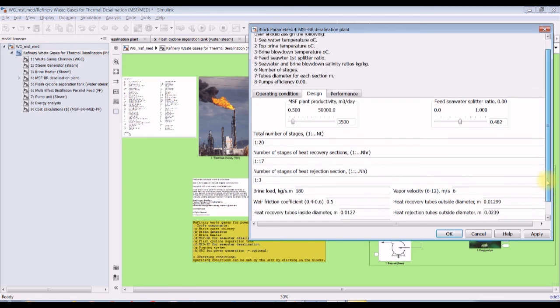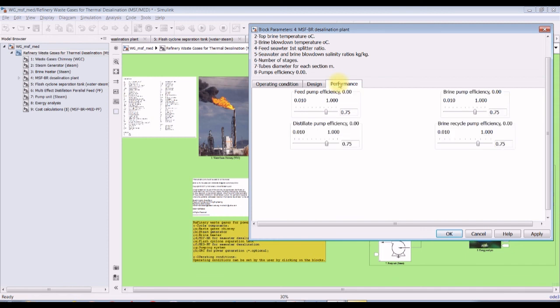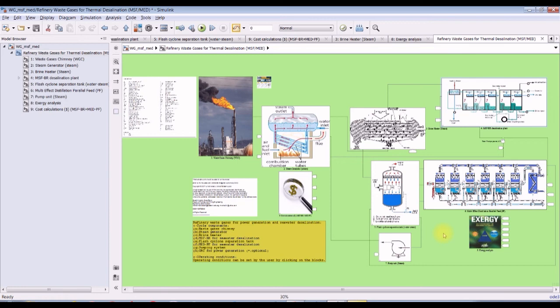You can control everything. Splitter ratio, brine load, wheel friction, and so on. Some performances, this is the efficiencies of pump systems, brine blow down, feed pump, brine recycle, distillate pump, and so on.